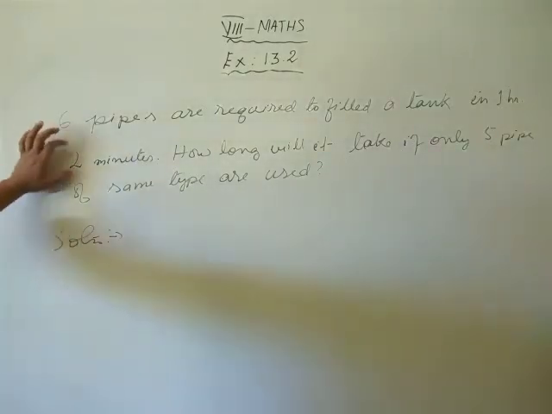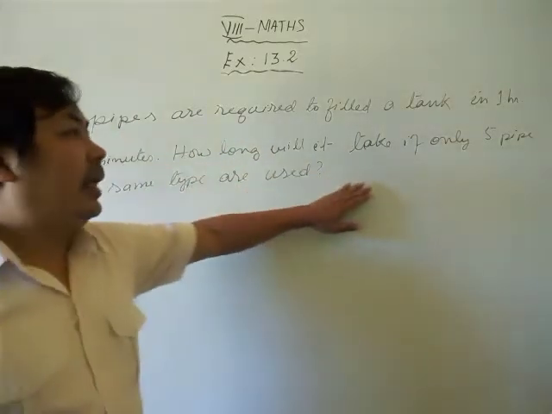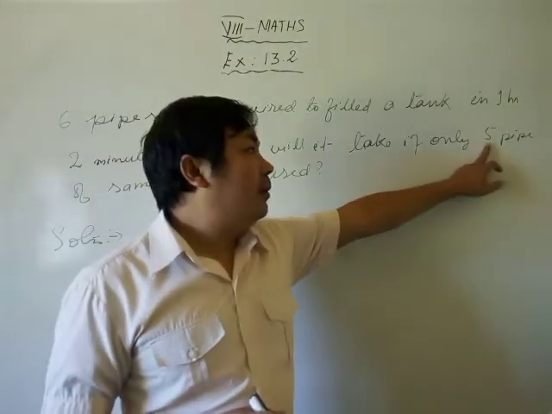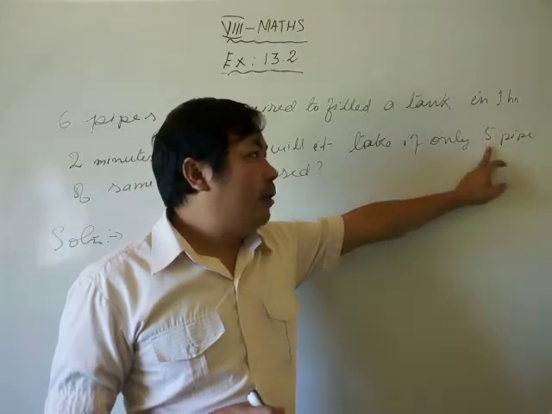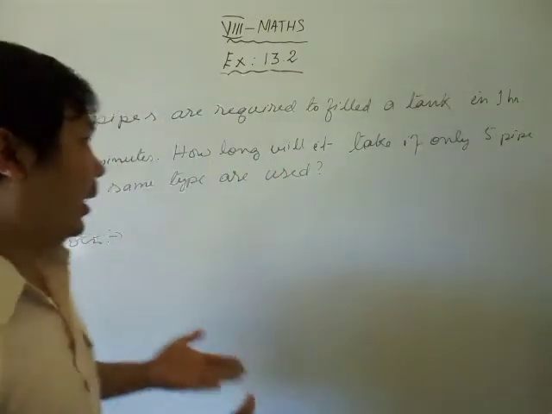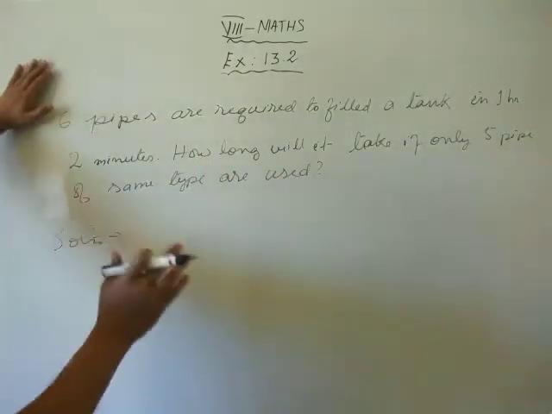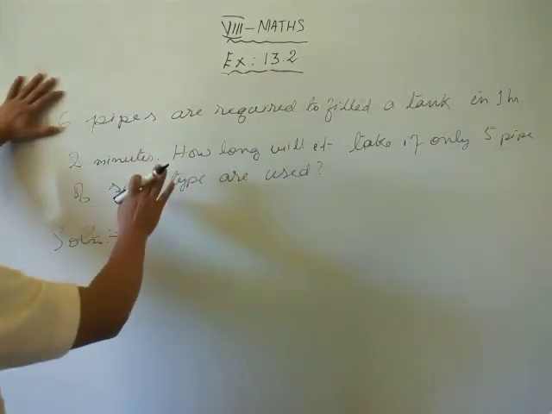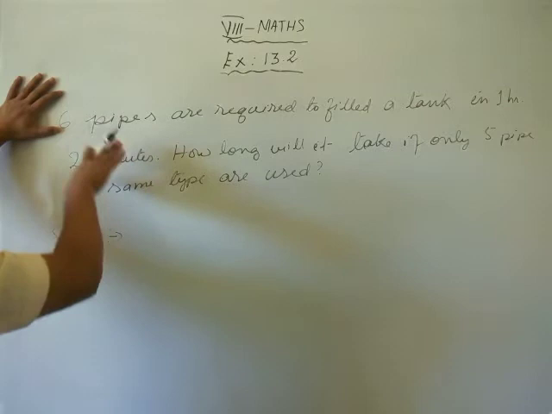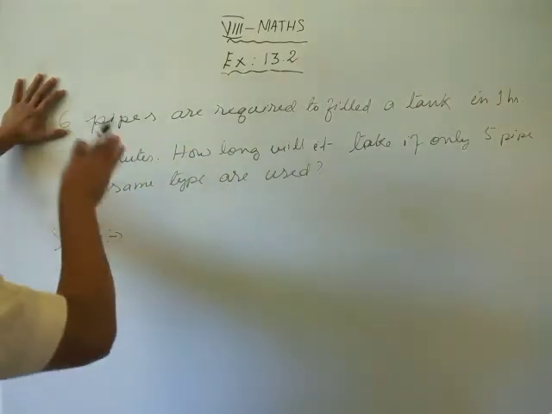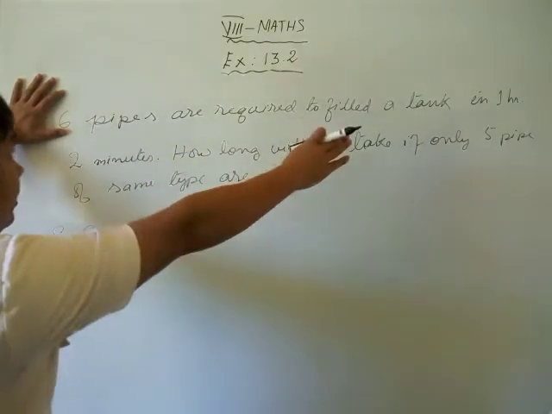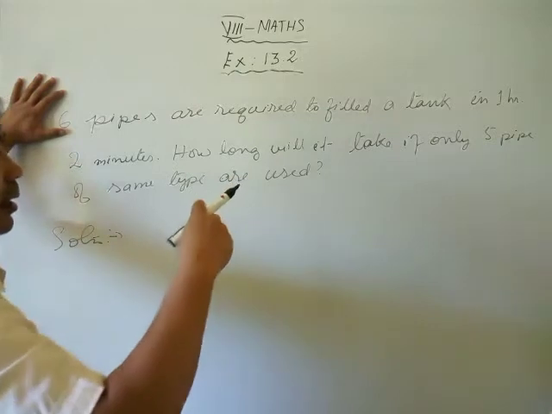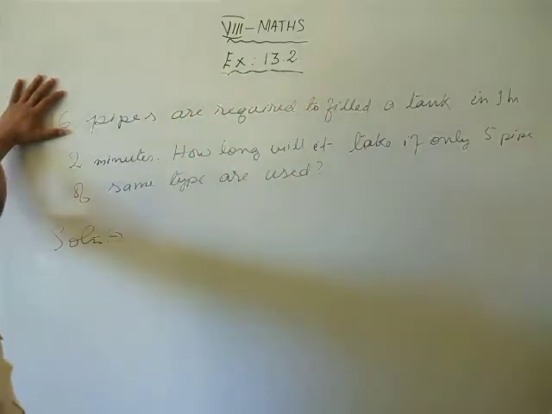So what happens if the number of pipes is less, only 5 pipes? How long will it take? You can just imagine that 6 pipes take 1 hour 20 minutes, but if the number of pipes decreases, then the time taken will be more, of course, isn't it?